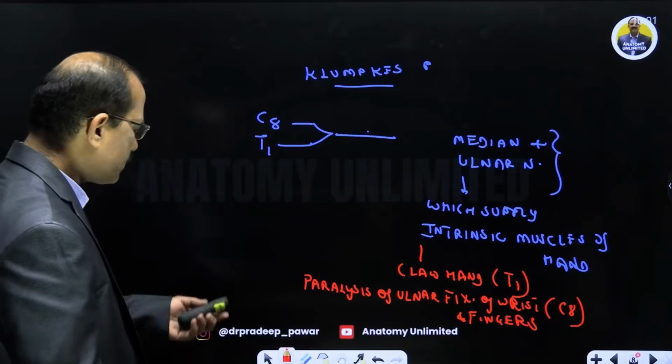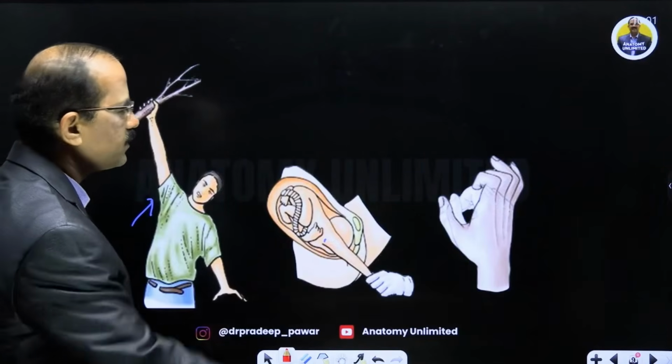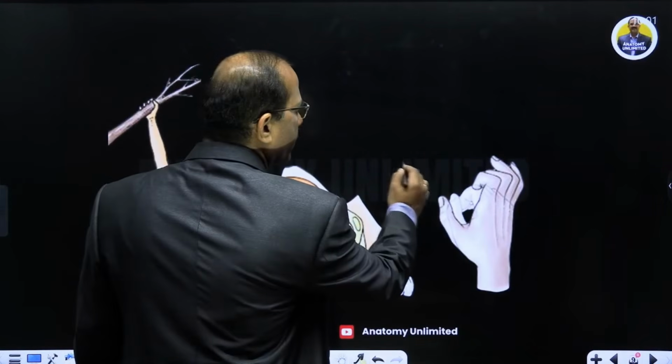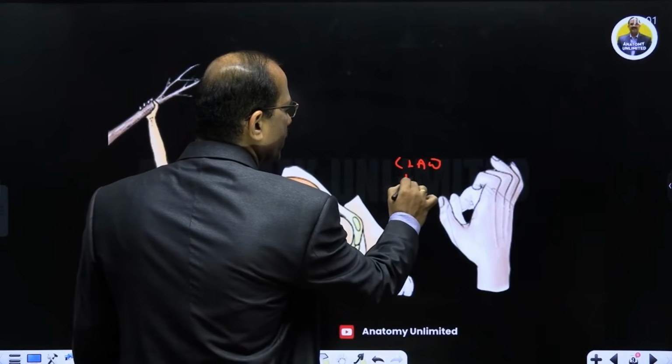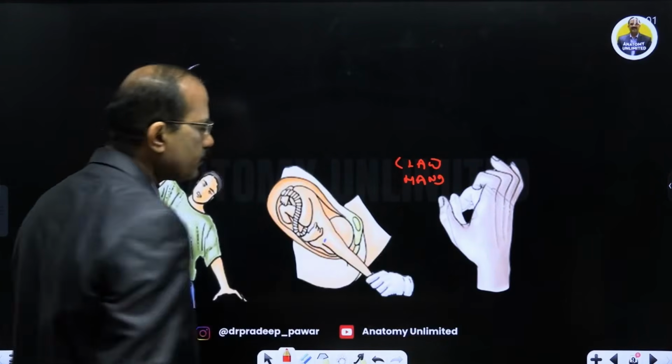Now, what else in Klumpke's paralysis? See, this is claw hand. Okay.